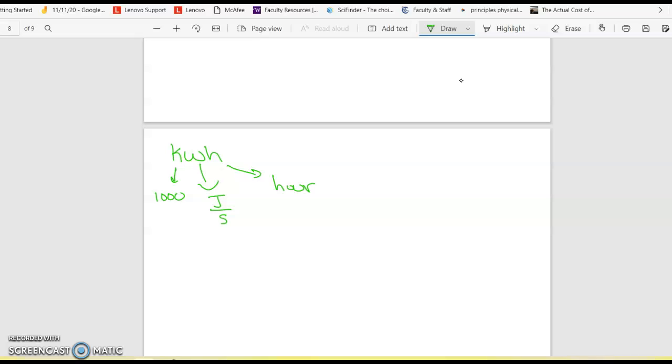So if I had a 60 watt light bulb and I want to know the energy, let's say the energy for a whole day, not just an hour.